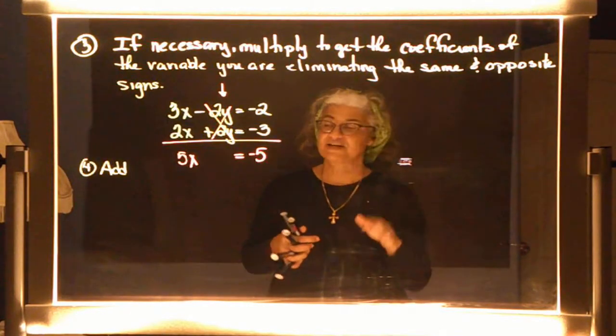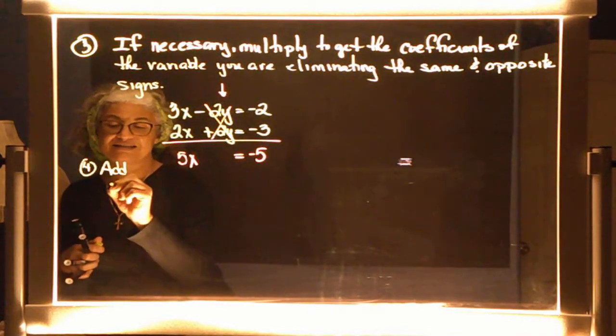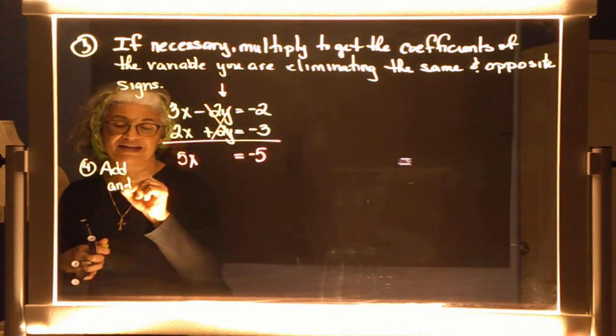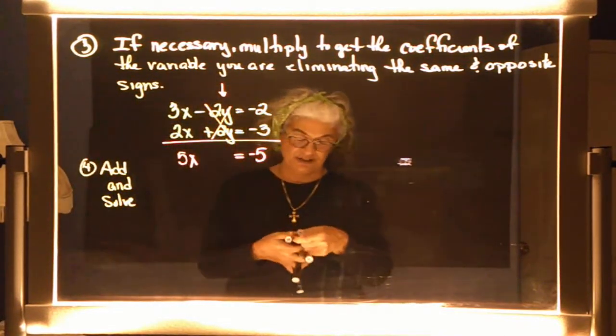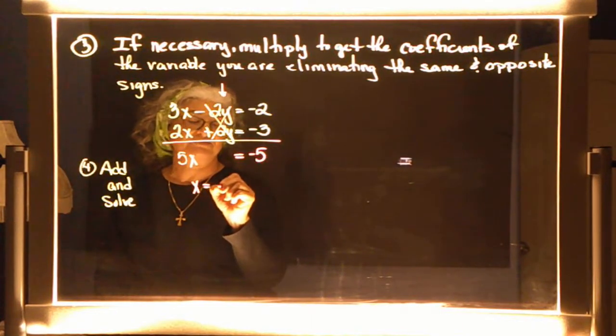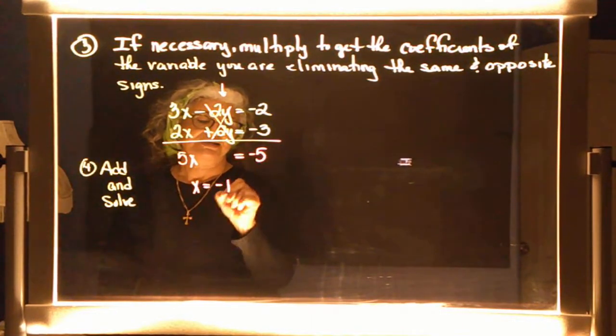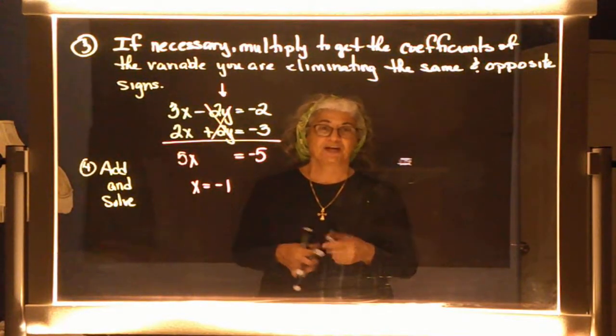Yeah, I heard you, divide by 5. So step 4 isn't just add. Step 4 is add and solve. So in this particular case, dividing both sides by 5 gives you x equals, yeah, negative 1. Does that make sense? Cool.